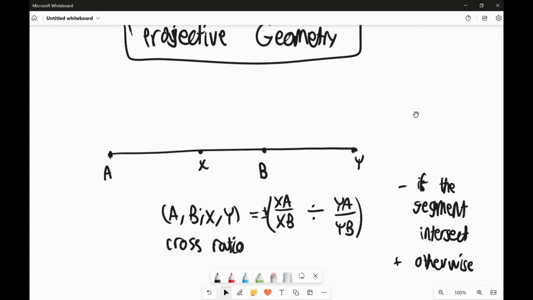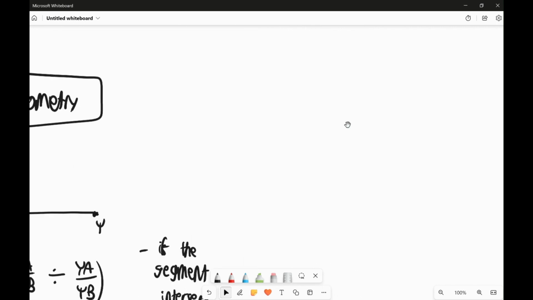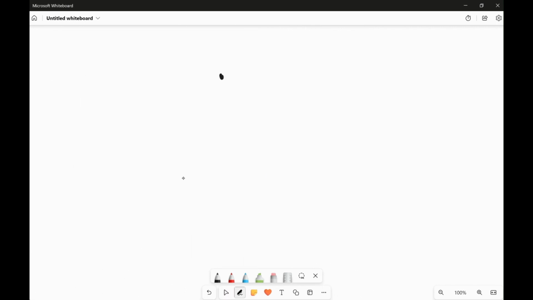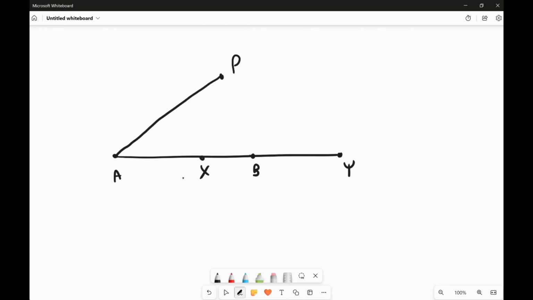So what is so special about this cross ratio quantity? Well, let's go ahead and have our points A, B, X, and Y here. And then we have another point P here. Then we draw the lines PA, PX, PB, and PY.